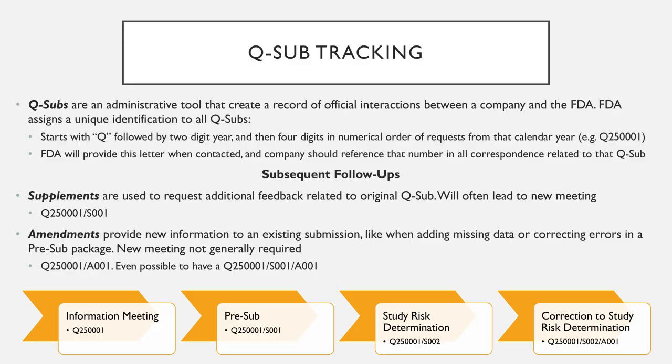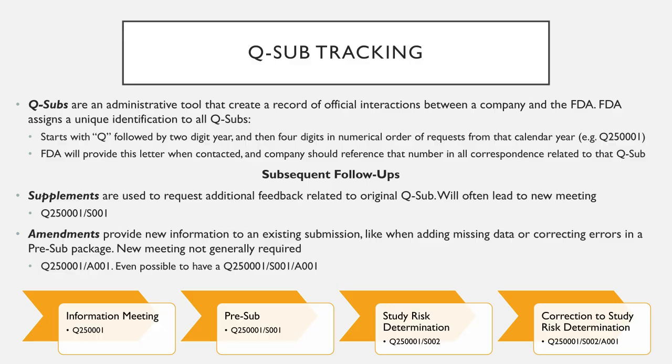Now, as you have subsequent follow-ups, and you can have many different pre-subs, informational sessions, amendments to anything that you're doing throughout that submission process, you have other designations that get tacked on to that original Q nomenclature. So for instance, supplements are used to request additional feedback related to an original Q-sub and will lead to a /S001 for your first subsequent supplement interaction.